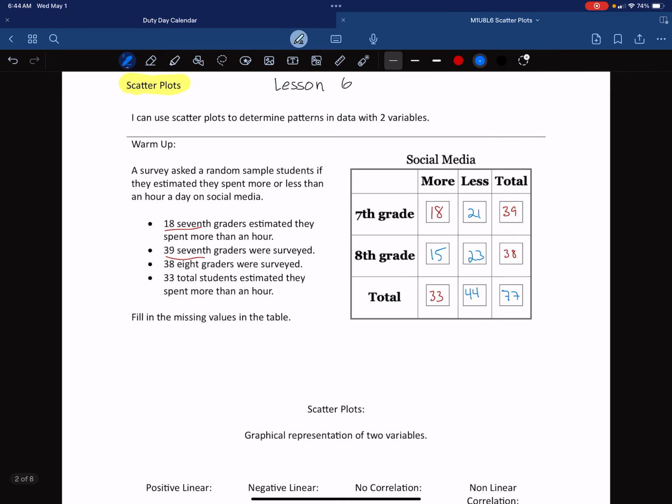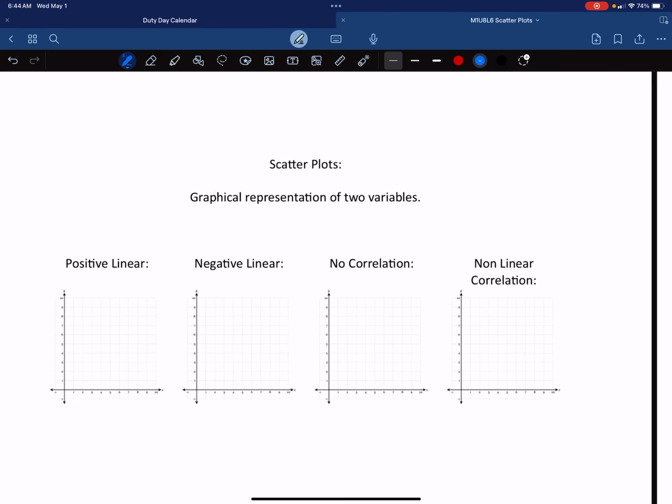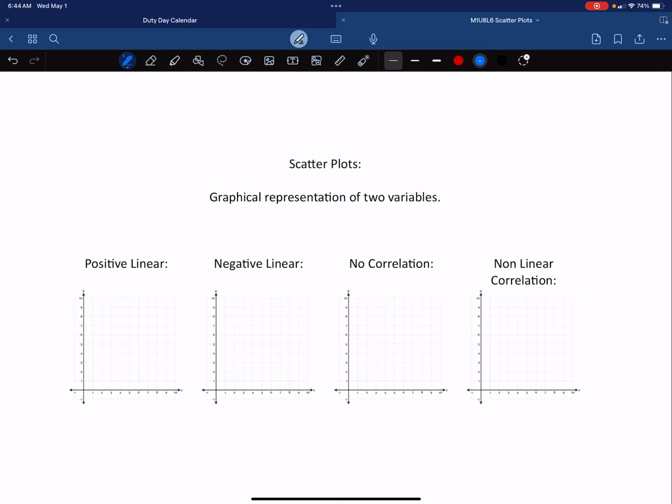We're going to be talking about scatter plots today. All right, so there are 4 different images I want you to think of when we're talking about scatter plots. Basically, we're taking our data along 2 columns and graphing the points, okay?